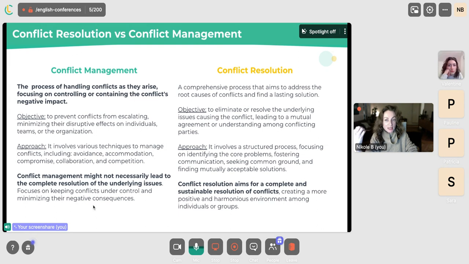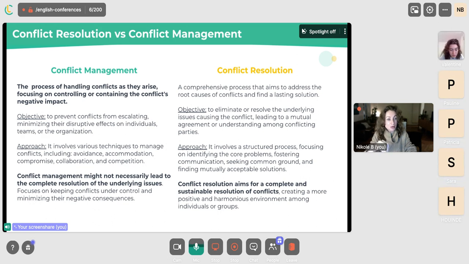The main idea of conflict management is that it might not necessarily lead to a total resolution of the underlying issues. What it basically does is minimize the negative consequences. Now, conflict resolution is the process that addresses the root or fundamental cause of those conflicts.